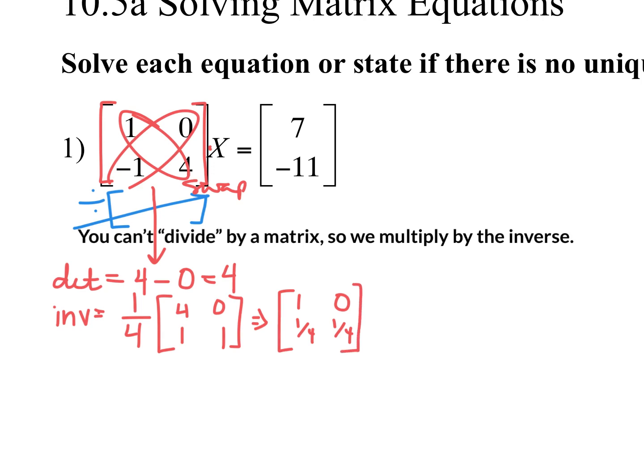All right, so now what I can do is multiply both sides of my equation by this inverse. So that's going to give me 1, 0, 1/4, and 1/4 on the left side. And then I'm going to do the same thing on the right side. 1, 0, 1/4, and 1/4.